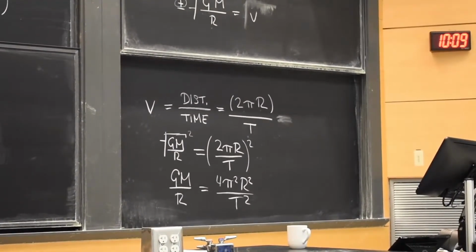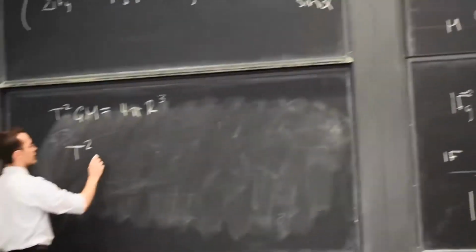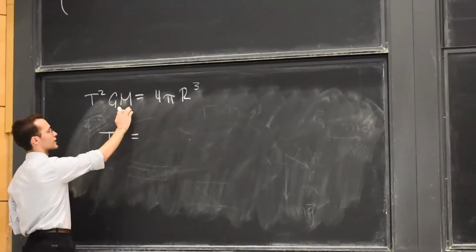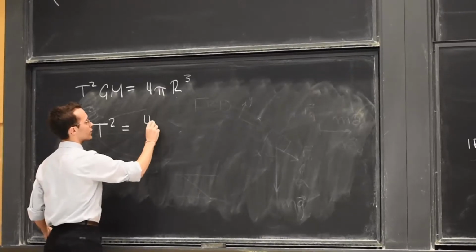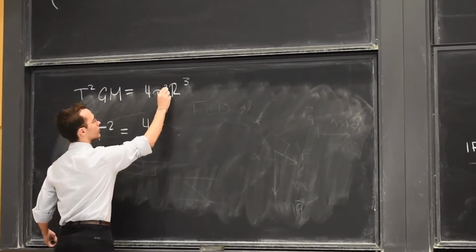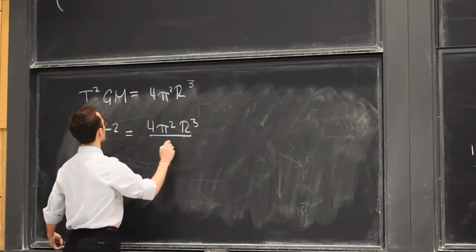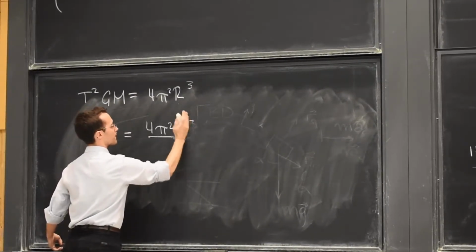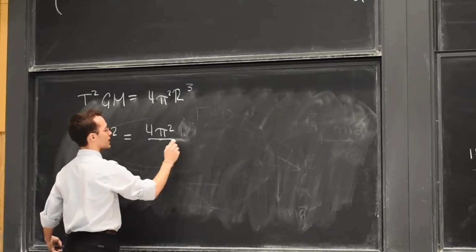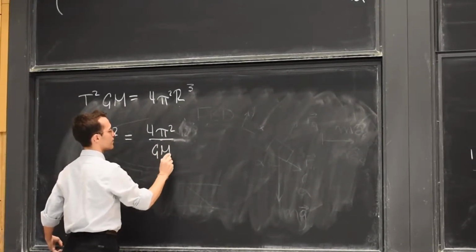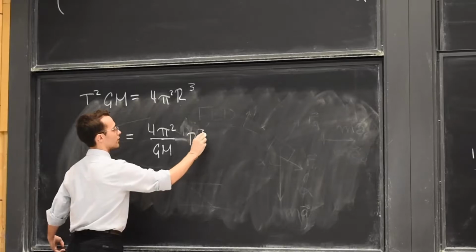Finally, the last bit: T squared, by dividing both sides by GM, is equal to 4 pi squared over GM times r cubed.